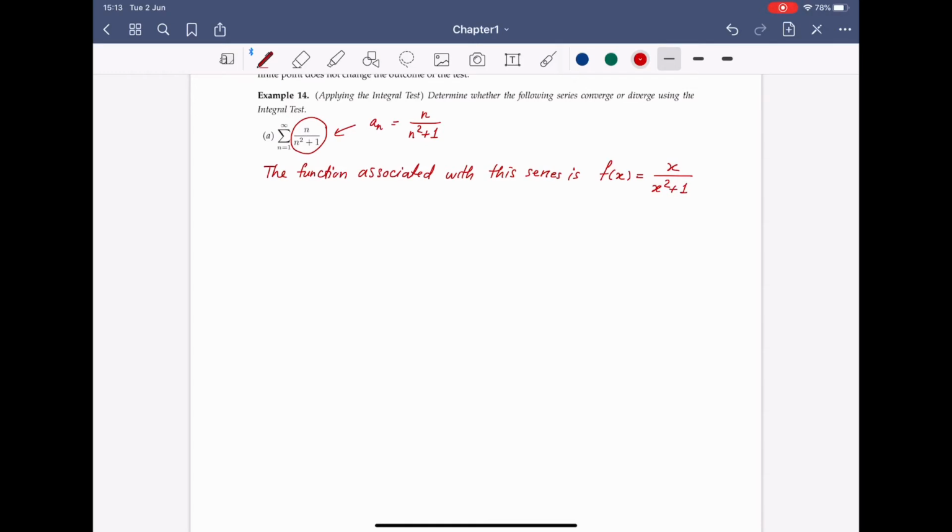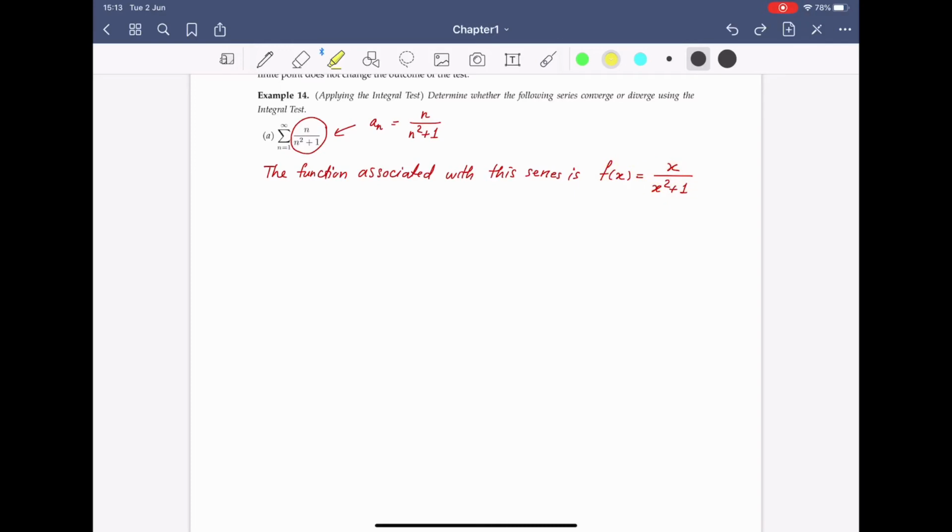The first step before you use the integral test is to set up your function, and the function you set up is going to be the same function as in the problem. So you take n over n squared plus 1, and I'm just going to copy the function and change it from n to x.